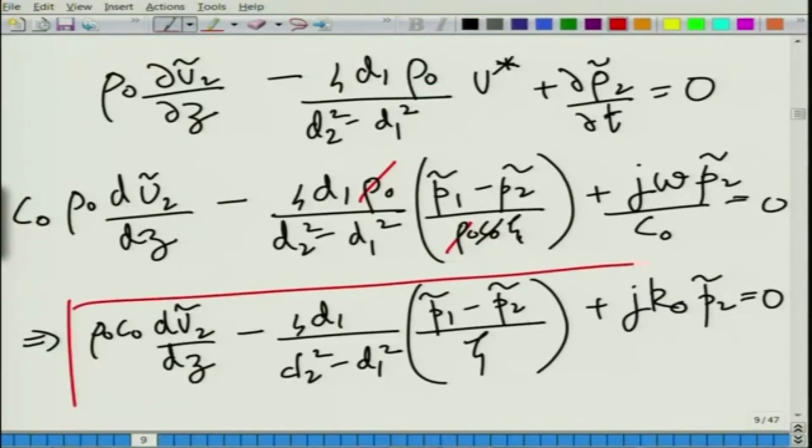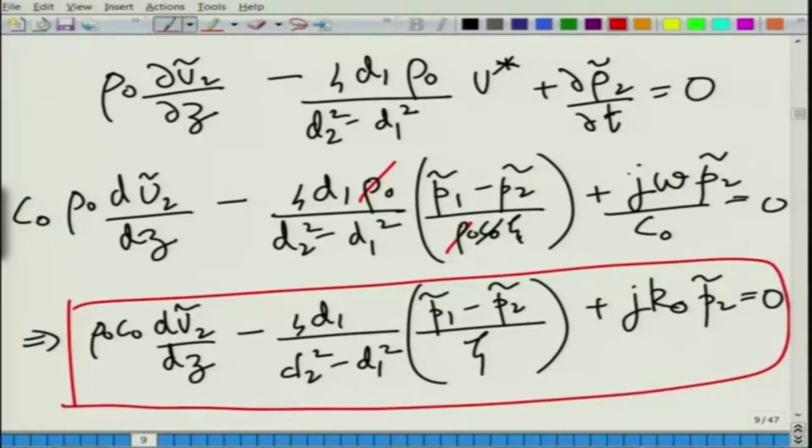This is what we will get. Initially, you had C naught square, we multiply throughout by C naught to get this kind of a thing. Rho naught here cancels out and you multiply by C naught. So, C naught is cancelled out once you multiply by C naught here, this gets cancelled with this one, and there is only a C naught square, so only C naught survives, and omega by C naught is K naught in this term.